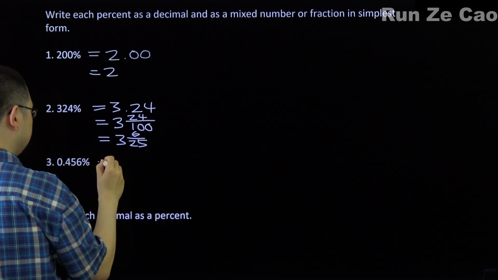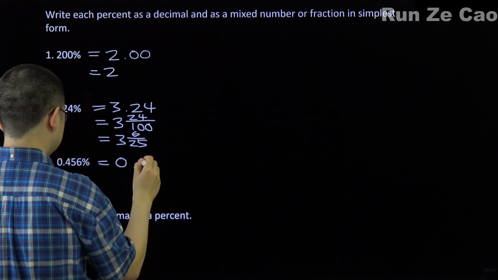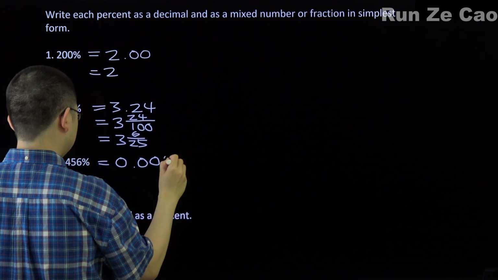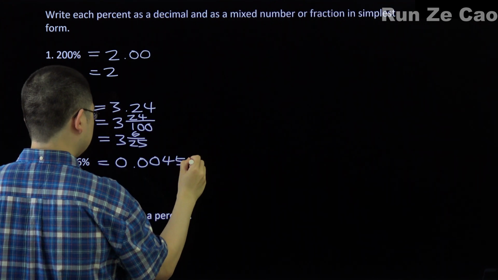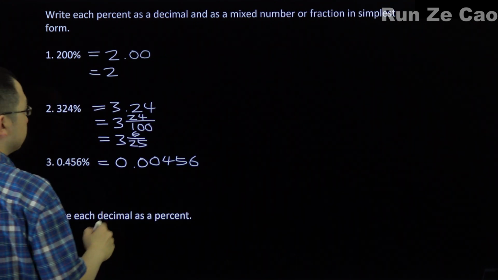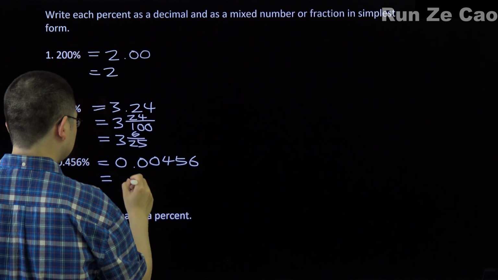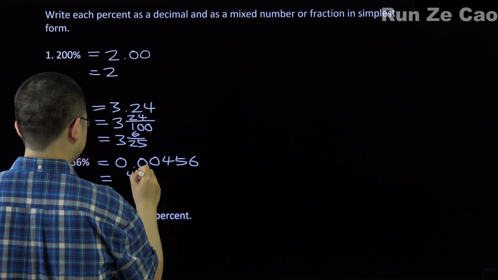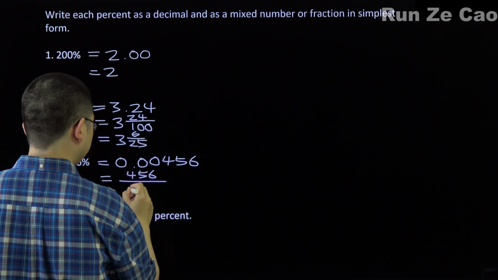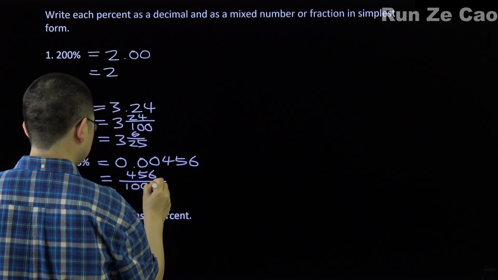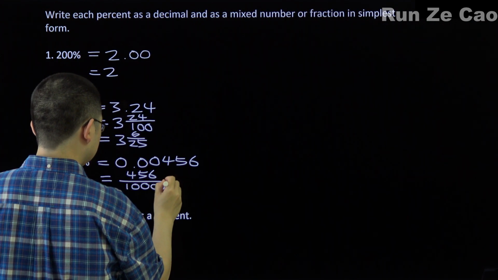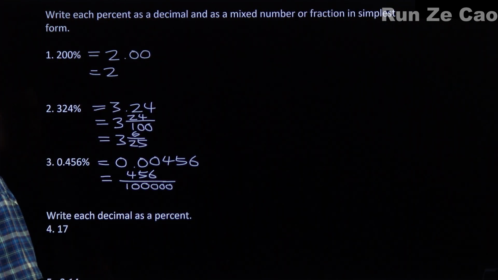0.456% is equal to 0.00456, which is equal to 456 over 100,000.